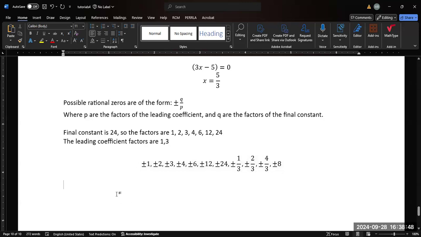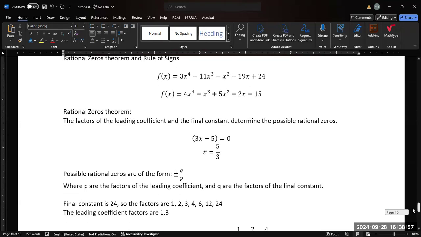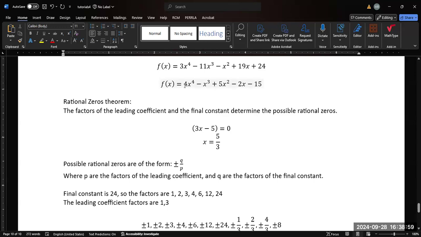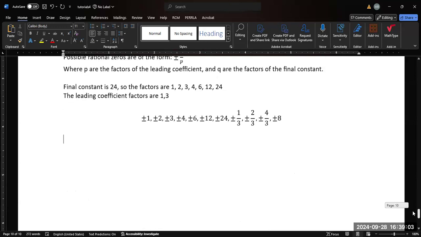Now, we're going to do the rational zeros also for that second one, and then we'll look at the rule of signs. So for our second example, our leading factors were factors of 4, and the final ones were 15.